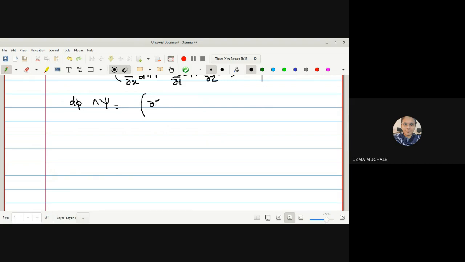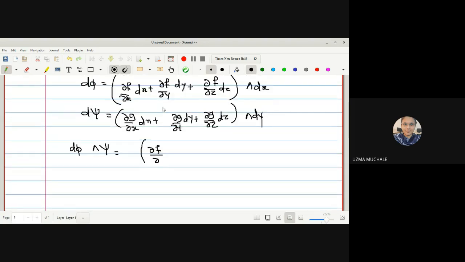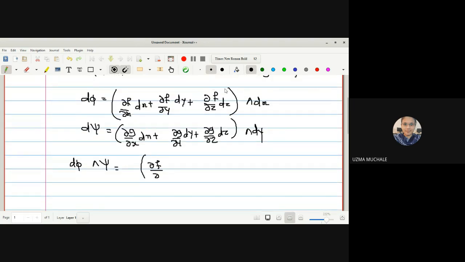Here dou f by dou x will be eliminated, right? You can see this equation: dx wedge product with dx will be 0. So can I write directly dou f by dou y dy wedge product with dx plus the next term, dou f by dou z dz wedge product with dx.